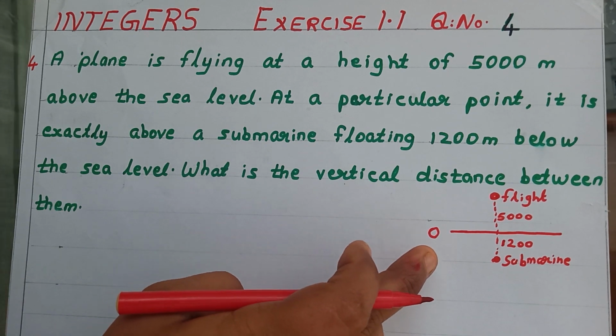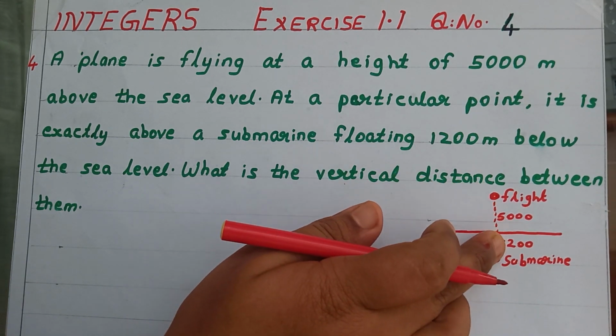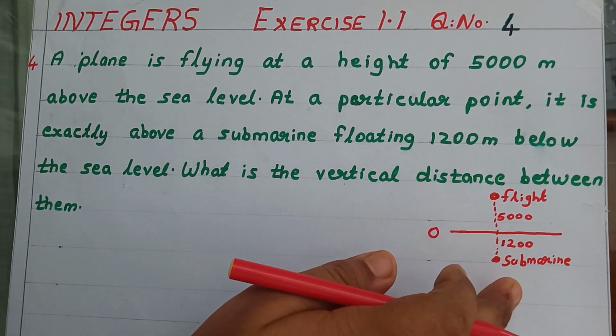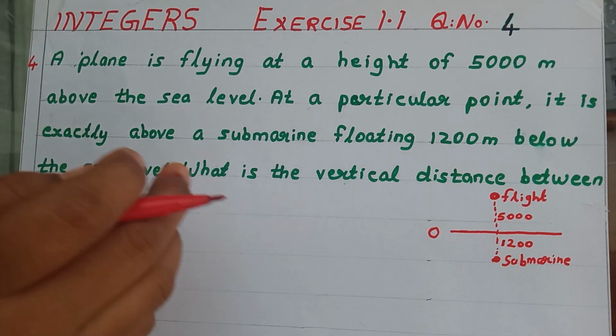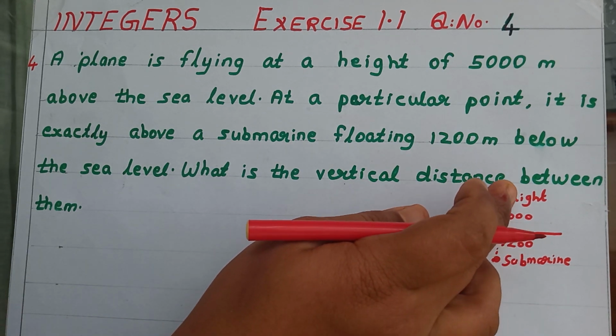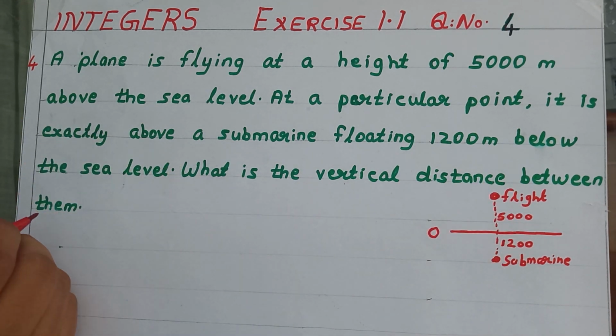Here, in this case, flight is above the sea level and submarine is below the sea level. So, first step is height of the flight.